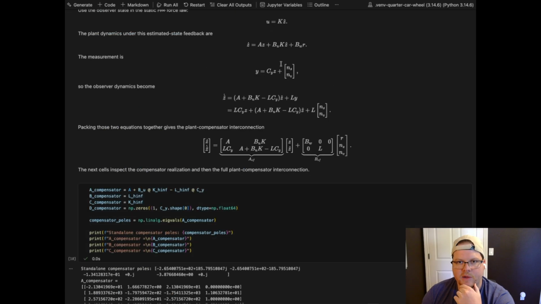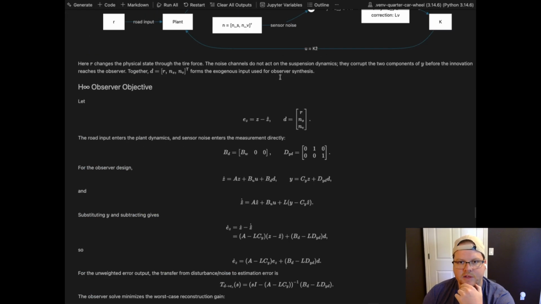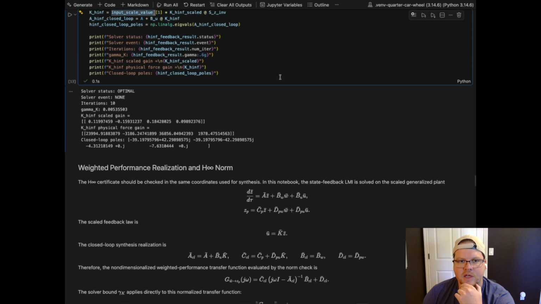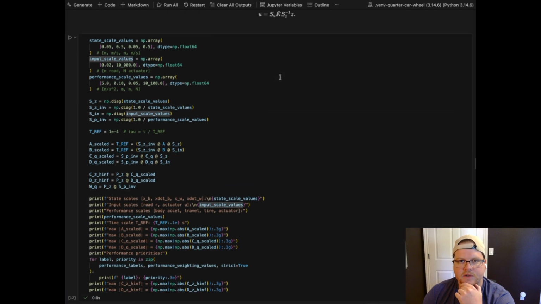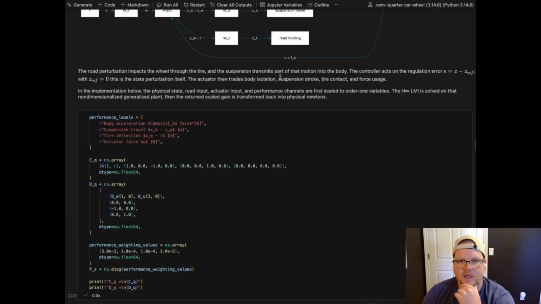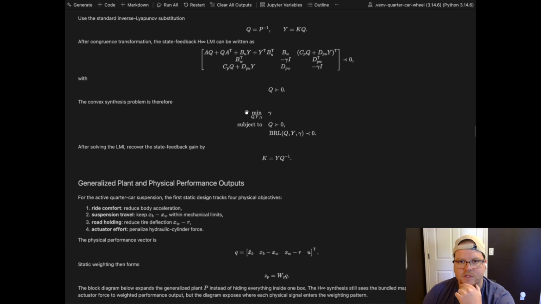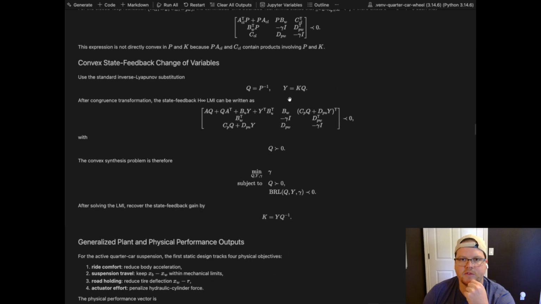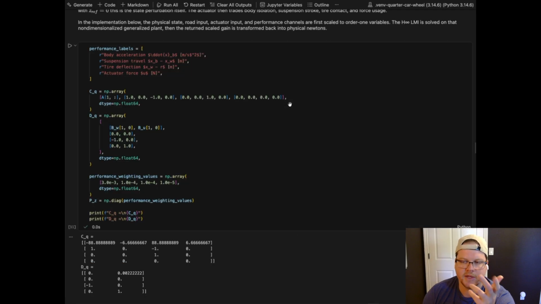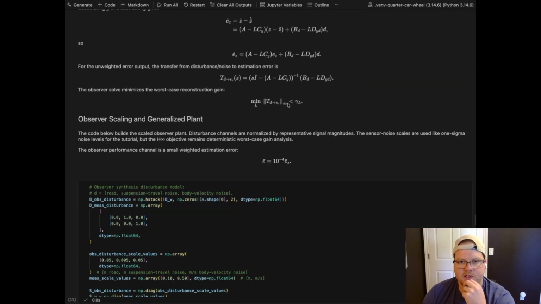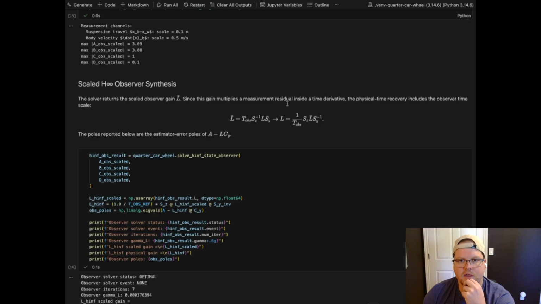If we go back up to the problem for state feedback, you could imagine the dual problem just being a further concatenation of these decision variables, and mapping that back into the coordinate space that we're doing analysis on for K and L. So I have Q, Y, gamma here for the state feedback for H infinity. You can imagine the same thing for the observer side. It would just be a bigger problem.